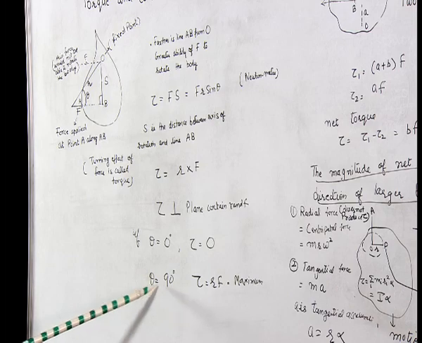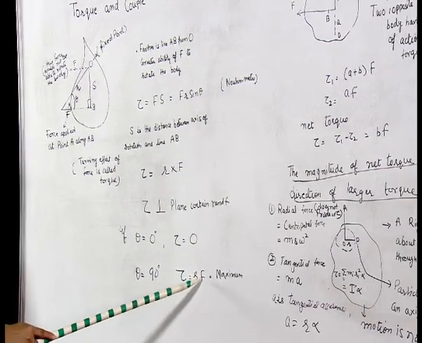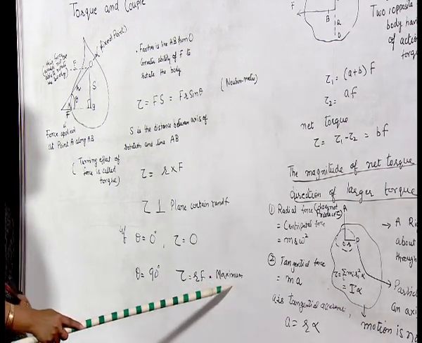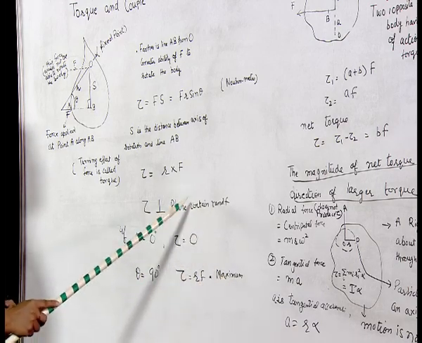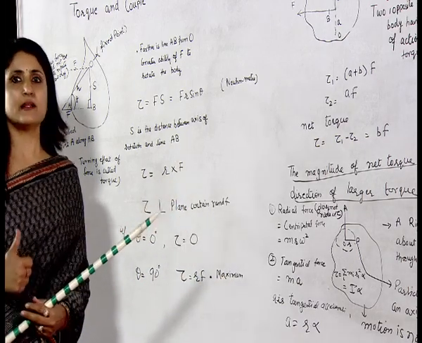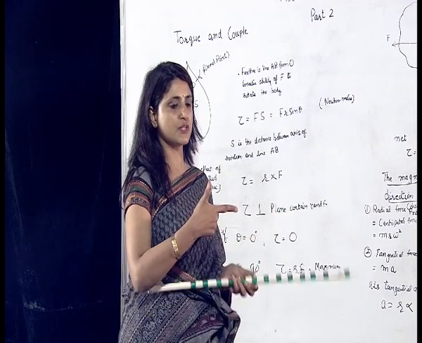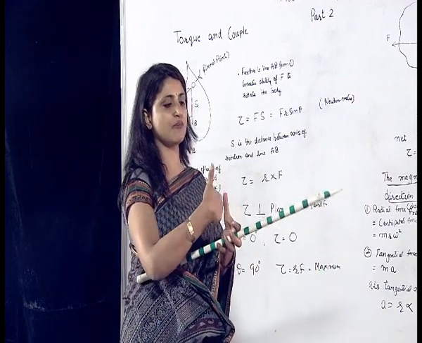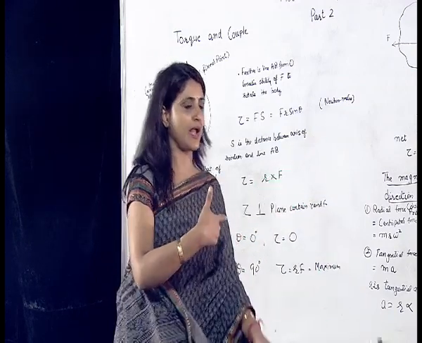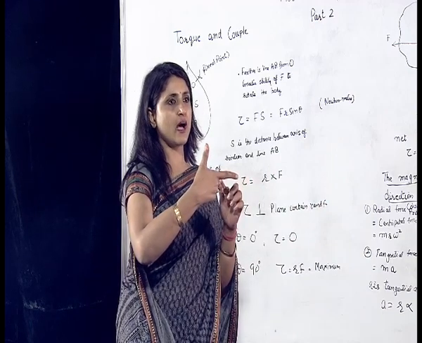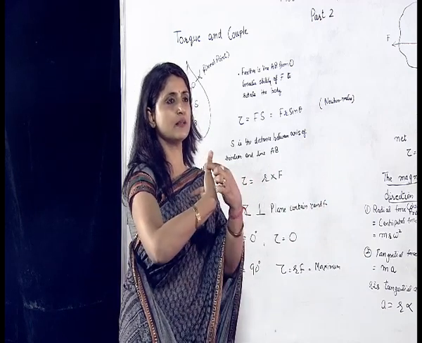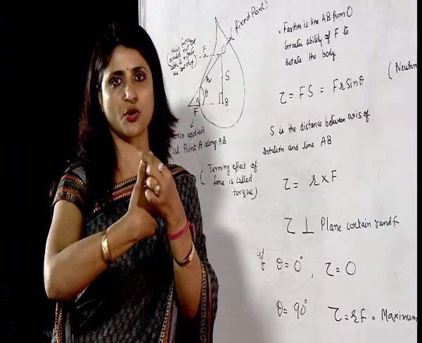When theta is 90 degrees, tau equals RF and it has the maximum value. We also have the right hand thumb rule, in which the direction of torque is given by the thumb, with R and F in a plane. If they are rotated, the thumb gives the direction of the torque.